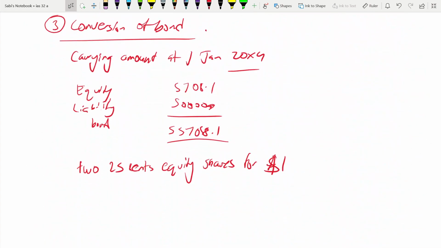So it will be 50 million into 2 because they told 2 equity shares for every dollar. First multiply the 50 by 2. It will be 100 million. This is 50 million, by the way. 100 million shares, which will have a nominal value of, if you multiply this with 25 cents or 0.25, it will be 25 million. The worth will be $25 million.